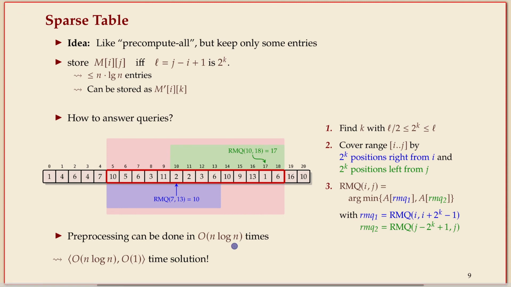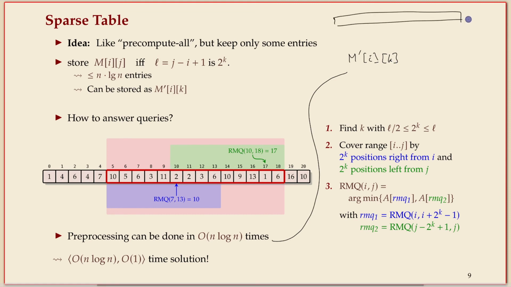Similar to before, we can do the pre-processing so that each entry in the matrix takes constant time to compute. And the trick here is, again, the same as before. If you want to compute this next bigger value, you know that that is a range that covers I up to I plus 2 to the K. Now if you cut that range in half, you find two ranges.